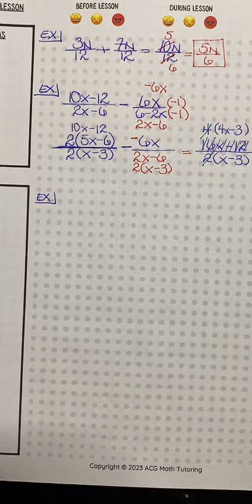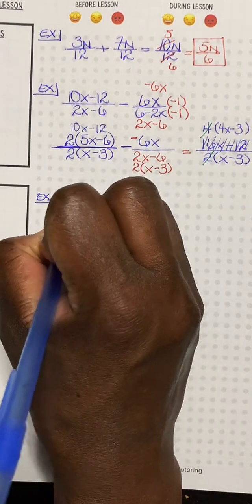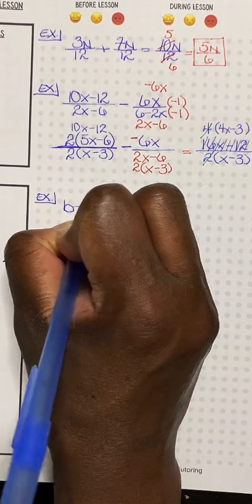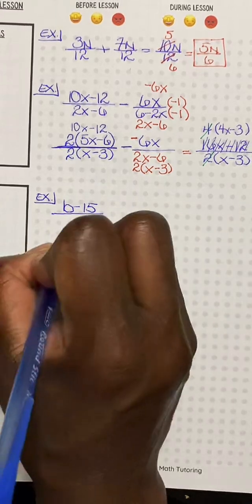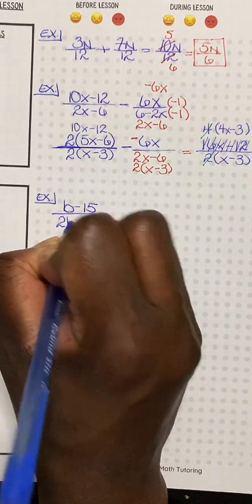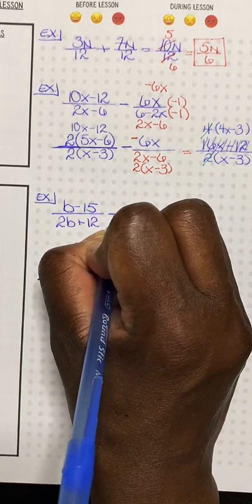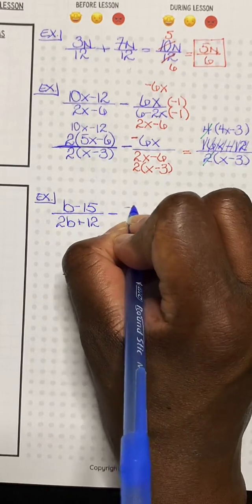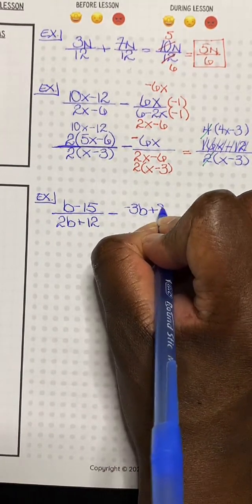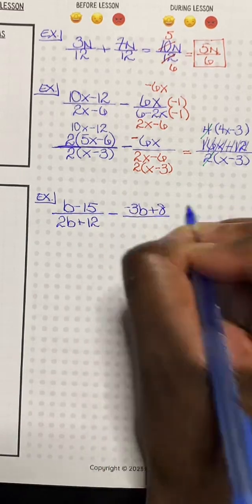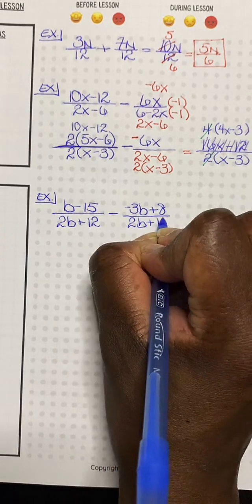It's okay. All right. So let's try this one. Let me see if I can redeem myself. b minus 15 over 2b plus 12, minus negative 3b plus 8 over 2b plus 12.